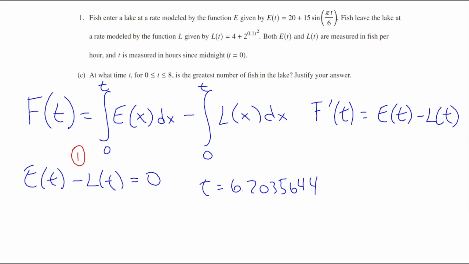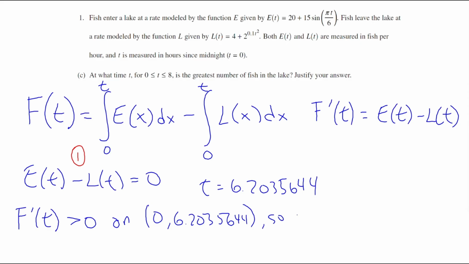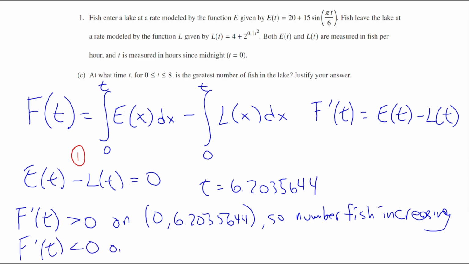But I'm going to say that f prime of t is greater than 0 on the interval from 0 to 6.2035644. So the number of fish is increasing, and f prime of t is less than 0 on 6.2035644 to 8.